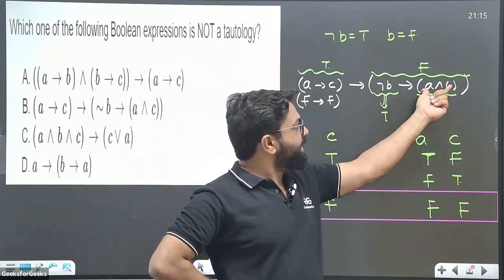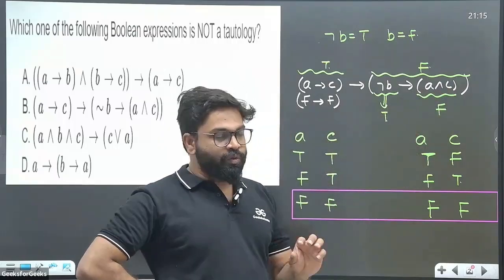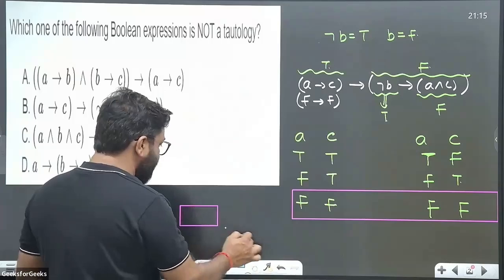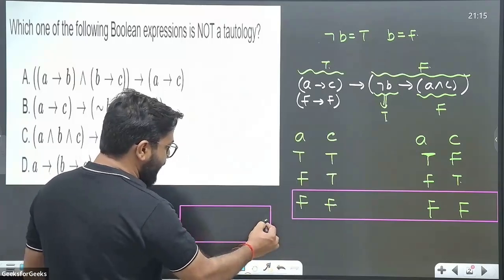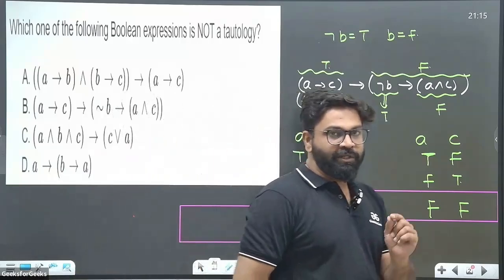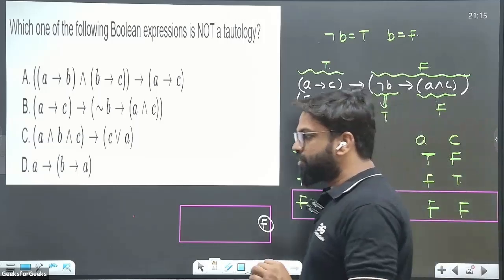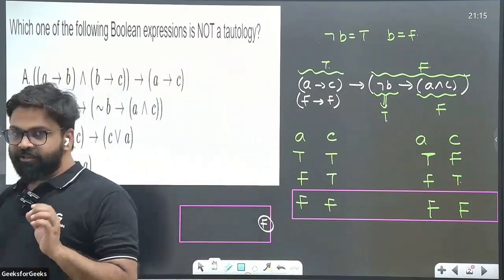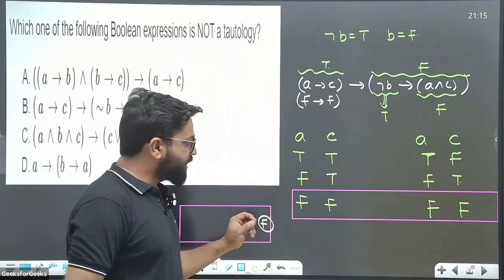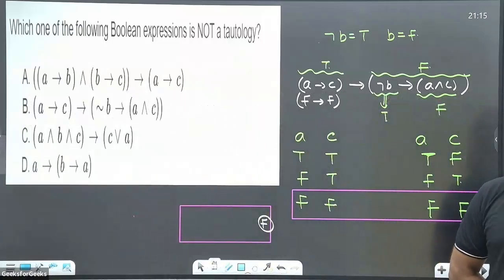Now here if you see A and C, both will become false. So if you draw the truth table, at the end you are getting this as false. We just have to find it out with respect to only one particular case. If something is false, then that statement is not a tautology. So very specifically, we can consider one particular case. Understood?